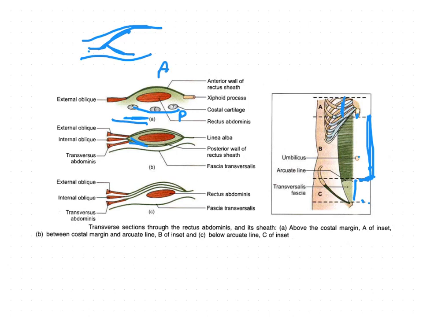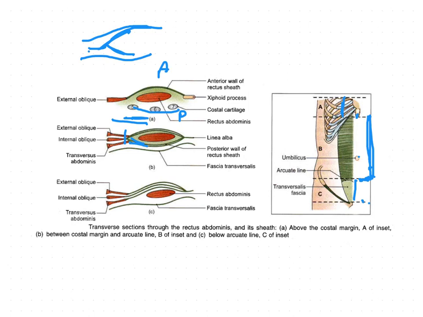Here, the aponeurosis of the internal oblique divides into anterior and posterior lamellae at the lateral border of the rectus abdominis. Such division of this aponeurosis can be seen on the lateral border.